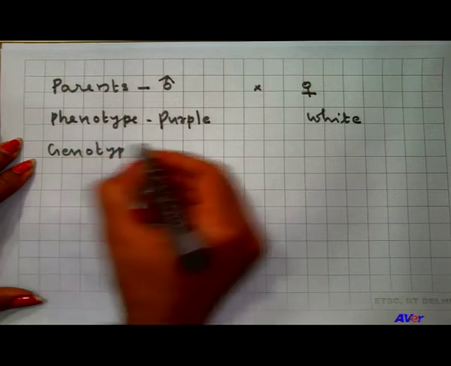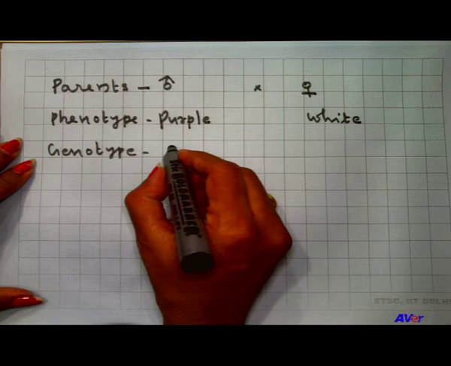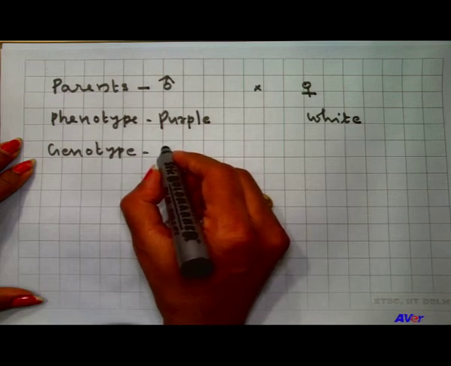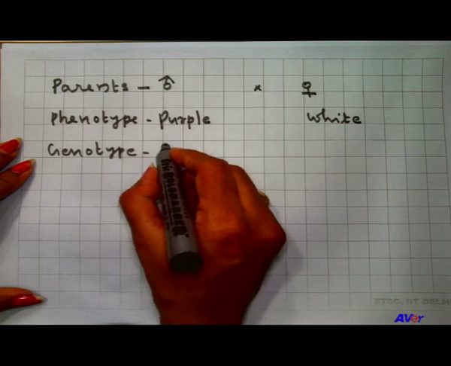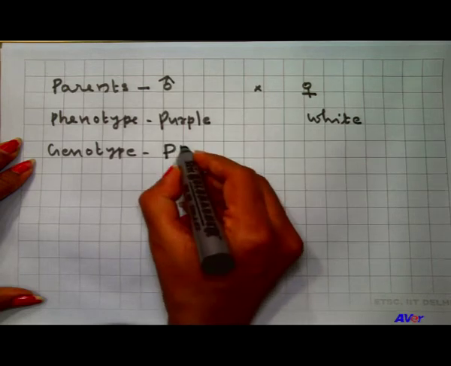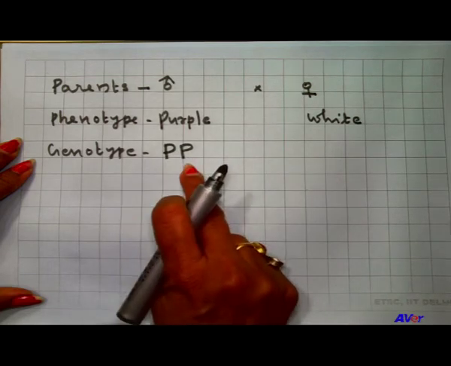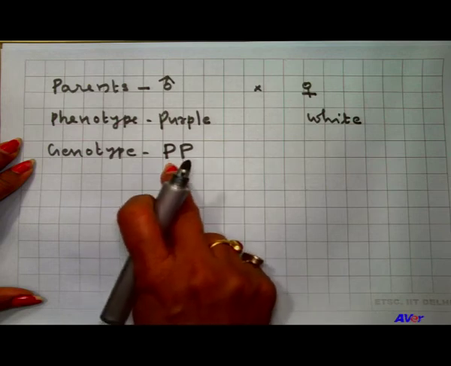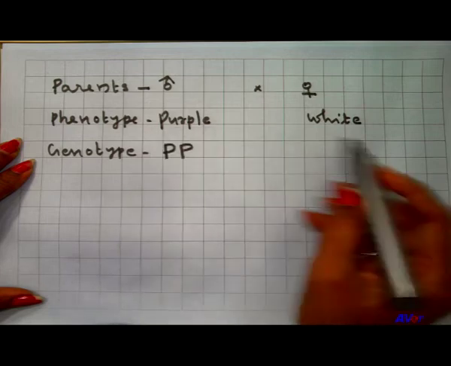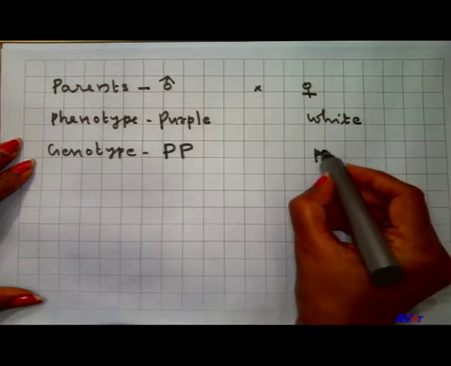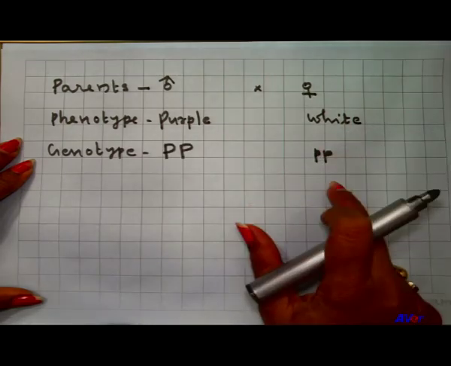Genotype, since it is true breeding, it is homozygous. So, we will write it as capital P, capital P. We have used the letter P because the dominant character begins with a P. The small letter small p is meant for white.